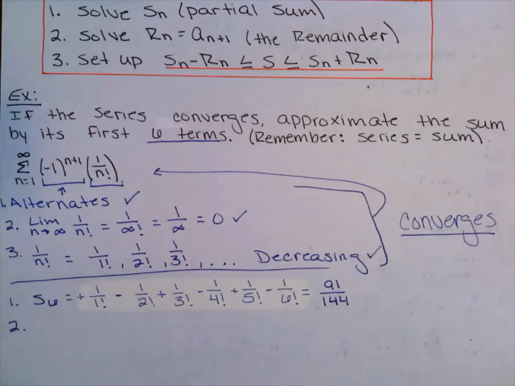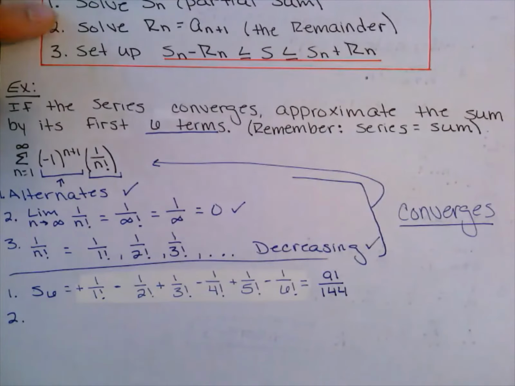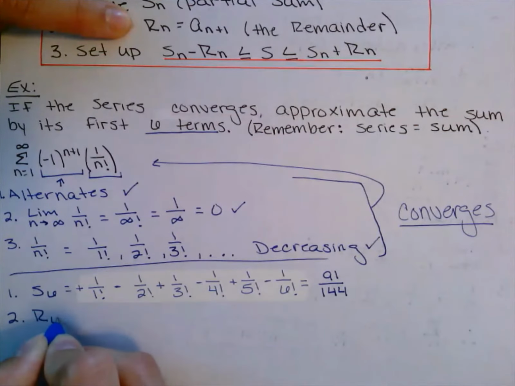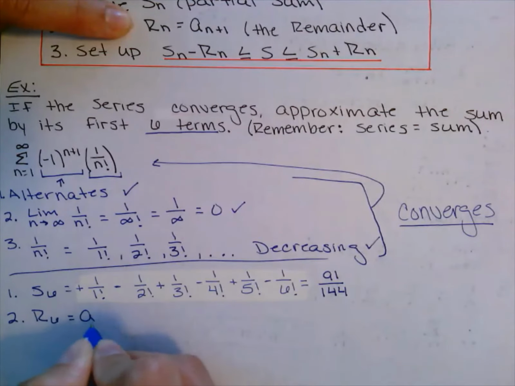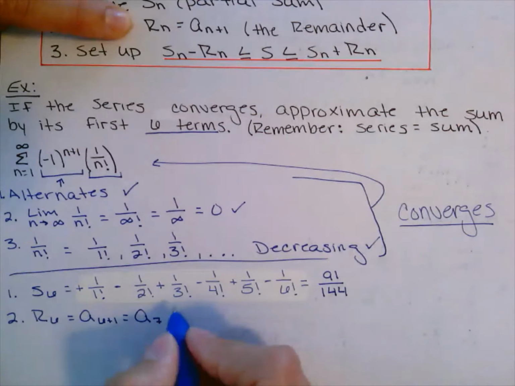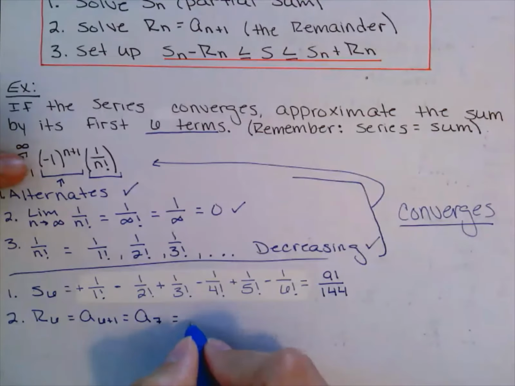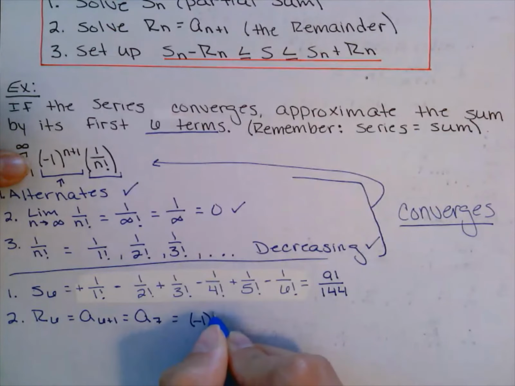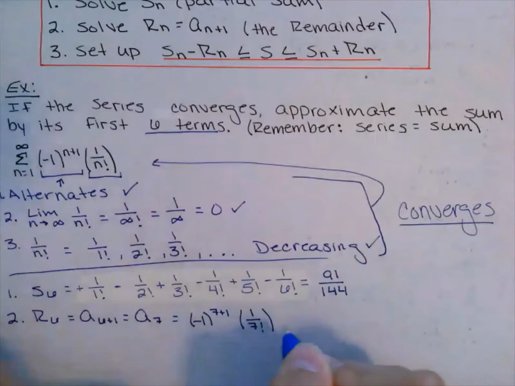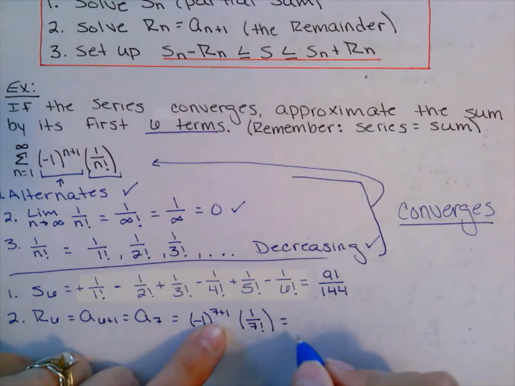Step 2 is going to be to solve for r sub n. So if I'm doing the 6th term, I would say r sub 6, which means a sub 6 plus 1, which is saying a sub 7, which just means I only want the 7th term, which will be negative 1 raised to 7 plus 1 times 1 over 7 factorial. 7 plus 1 is 8.